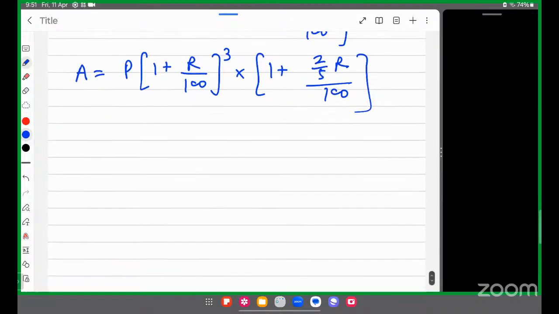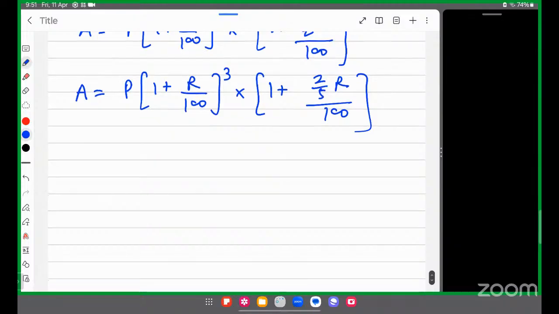Okay. Next point we have fifth, which is if rates are different for different years.